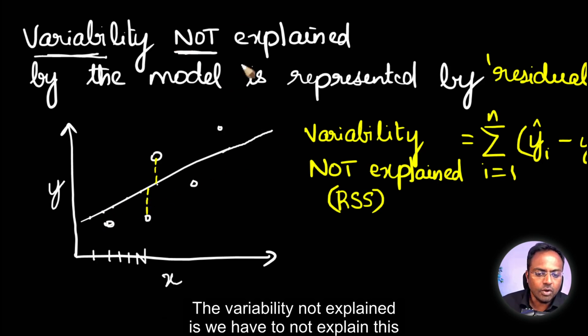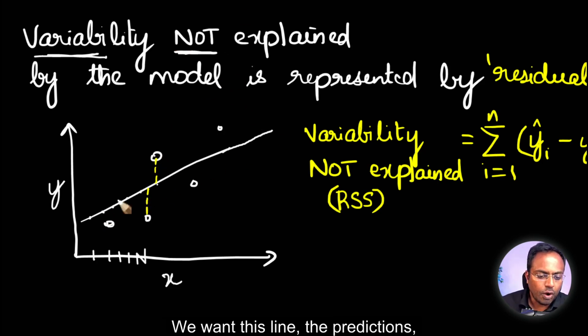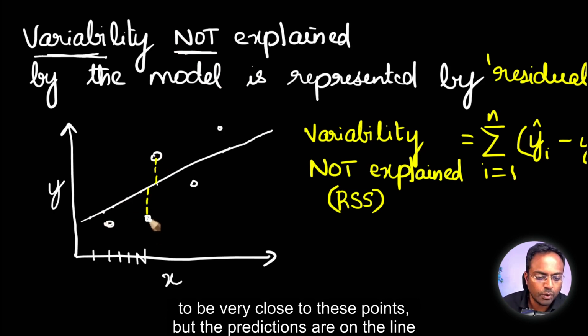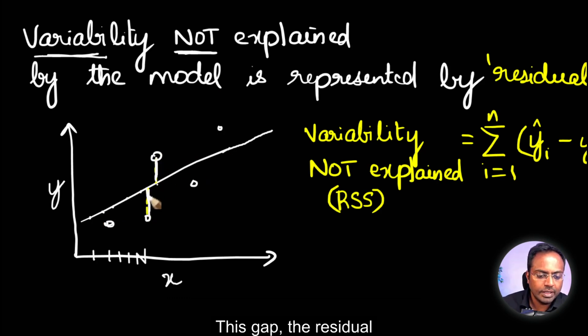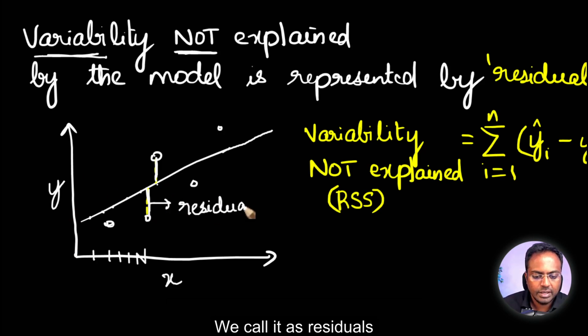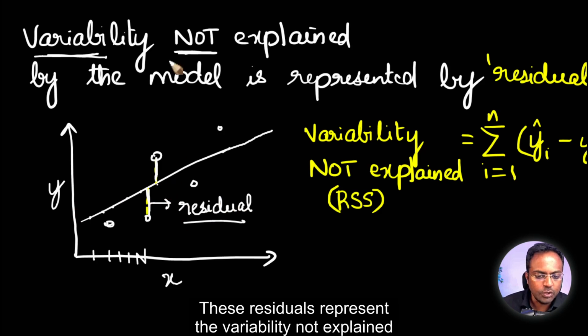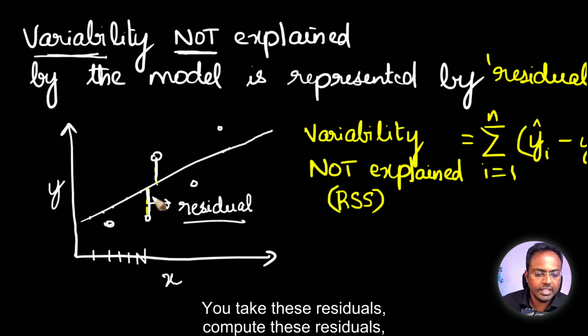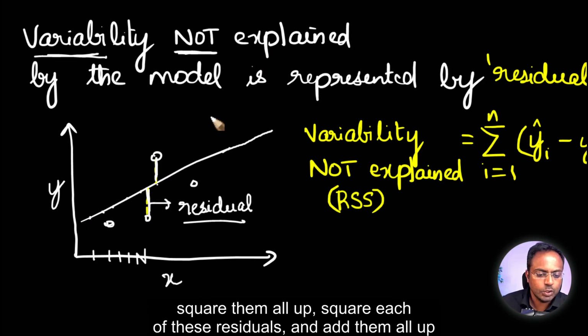Now, for variability not explained, we want the predictions to be very close to these points. But the predictions are on the line. This gap, the perpendicular distance along the y-axis, is nothing but the residuals. We call them residuals. These residuals represent the variability not explained. You compute these residuals, square each of these residuals and add them all up.